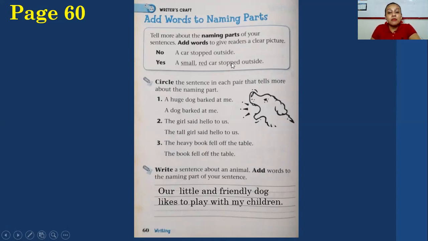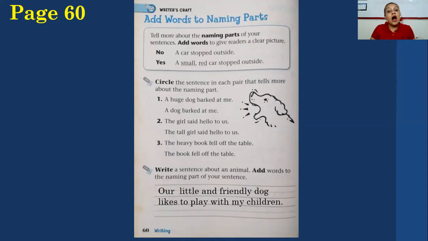So we have examples of 2 sentences, but one sentence is not being specific, and the other one gives us a clear picture or a clear idea of what I would like to talk about. So, a car stopped outside. Yes, I see many cars stopped outside, but which car?